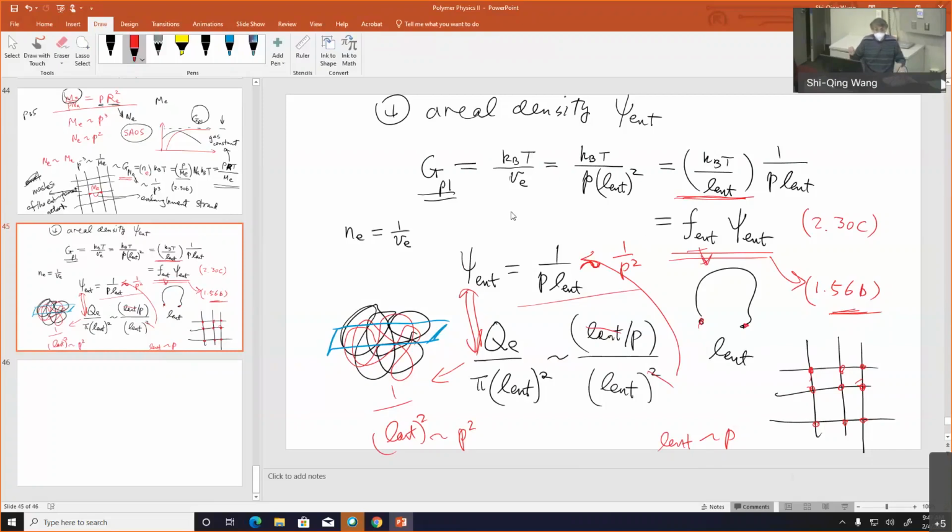If you don't allow it to sample its own space, this constraint is what the chain doesn't like, and they resist that constraint by giving you this force. That's the classical notion of rubber elasticity.